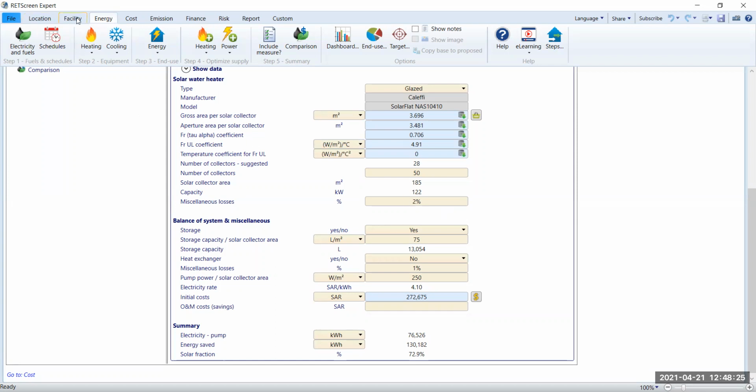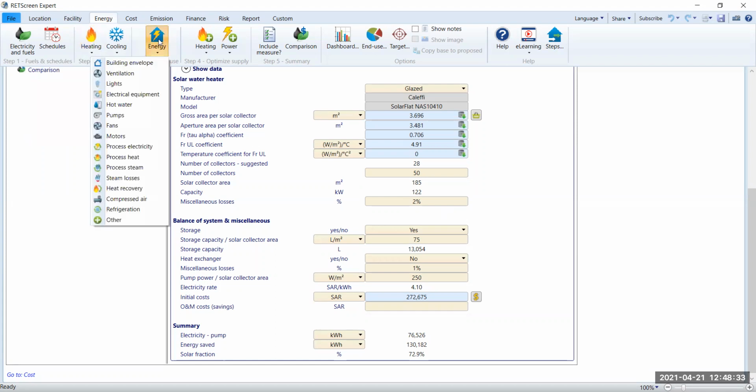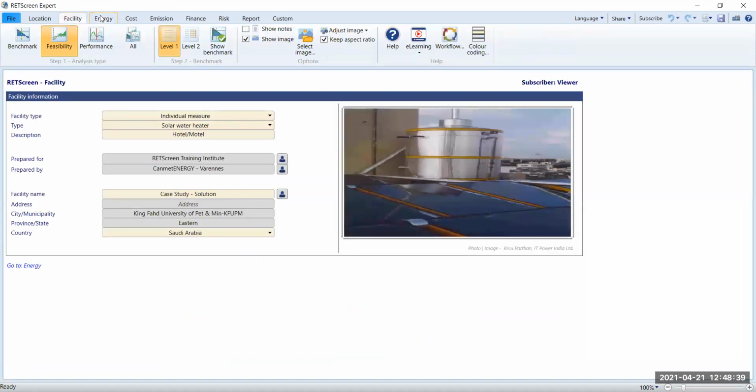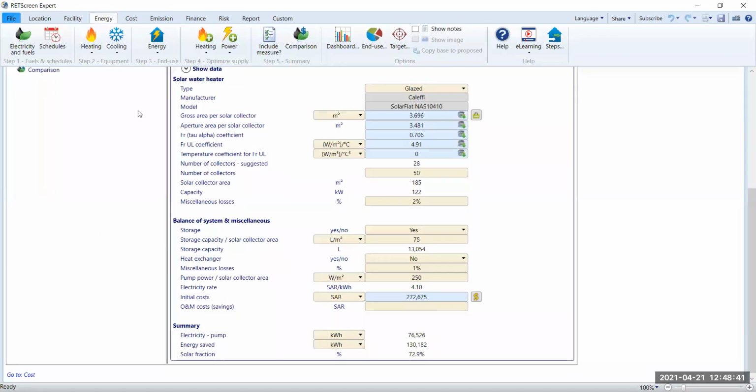I would probably go back again here to the issue of energy that we were in, actually, for the facility. We've seen the facility for the energy analysis before the comparison.